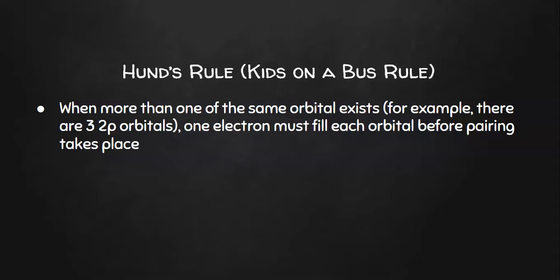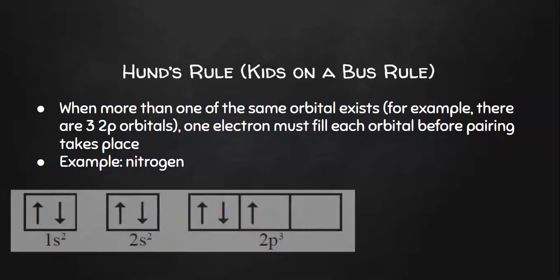The last rule is Hund's rule, and sometimes we call this the kids on a bus rule. When we have more than one of the same orbital, for example, the 2p orbitals, there's 3 of them, when I'm putting electrons in them, I put 1 electron in each orbital before I pair them up. So for example, nitrogen.